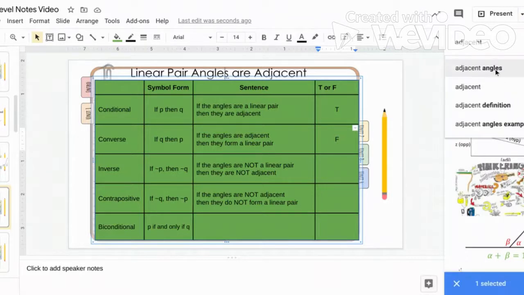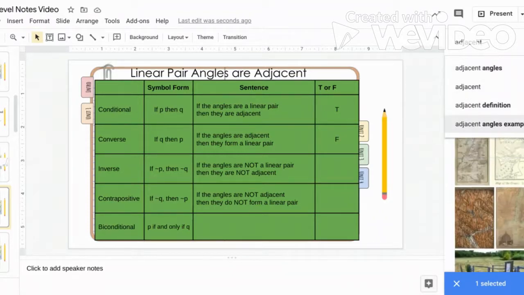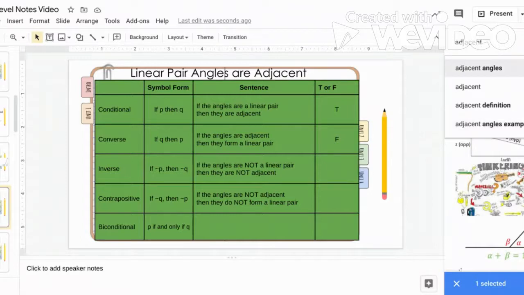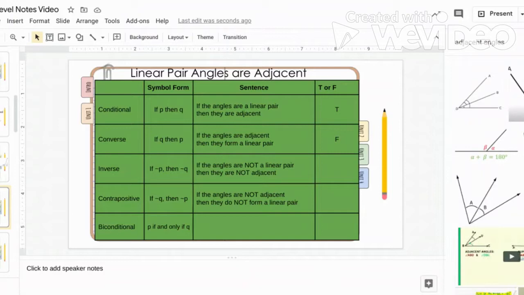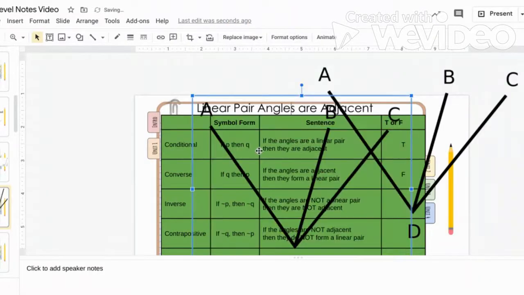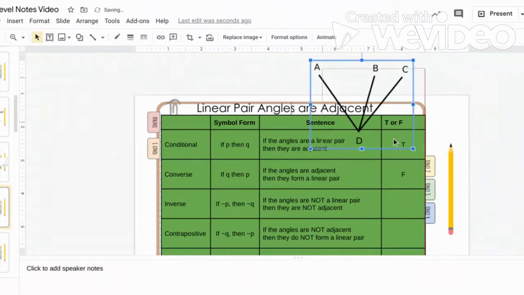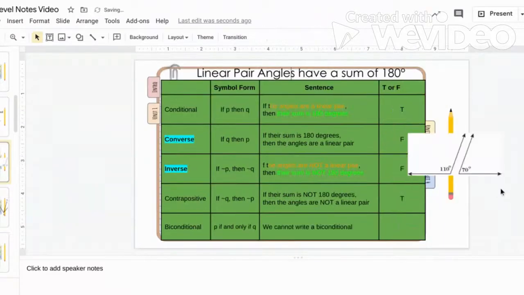So this is a good picture here. Do you agree that these angles are adjacent, but they do not form a linear pair? So this is a good counterexample here.